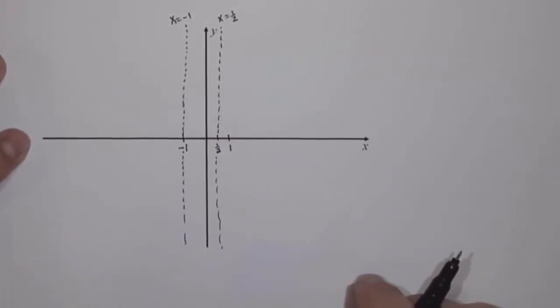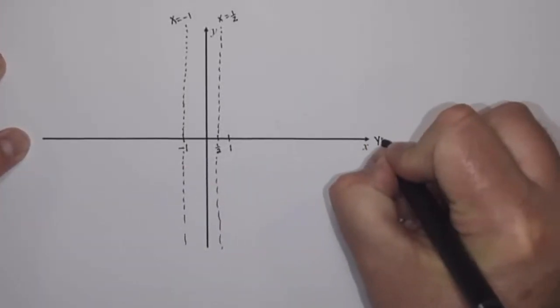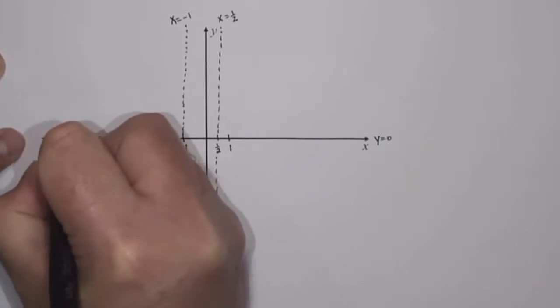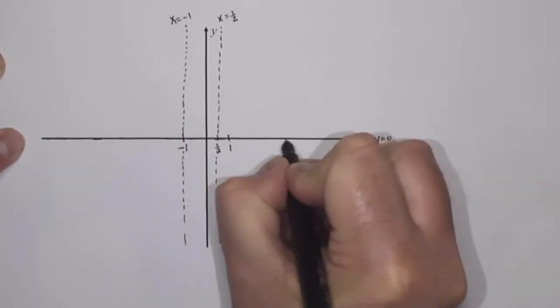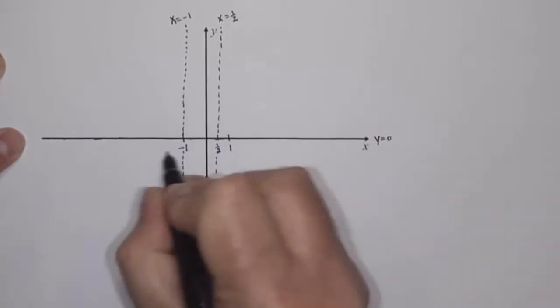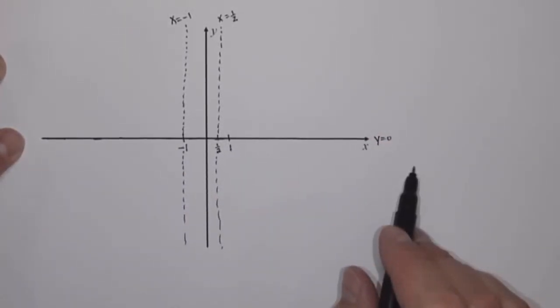I know that the line y equals 0 is a horizontal asymptote, so I'm going to draw a dotted line through the axis. Can't really see that very well, but I do have a horizontal asymptote there.